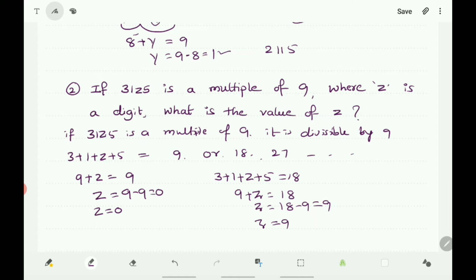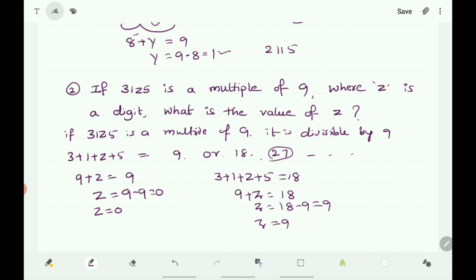And if you want to have the sum 27, here the z must be 18, and 18 is not a digit, so you can't get the sum 27. So to have the sum 9 and the sum 18, you can get z is equal to 0 and z is equal to 9.